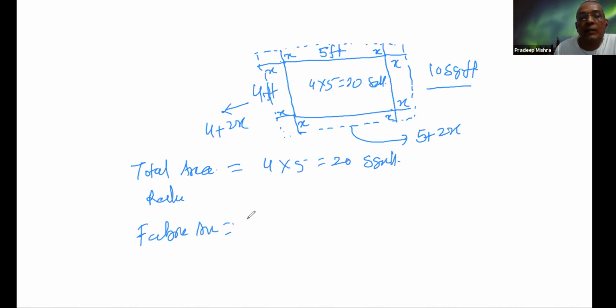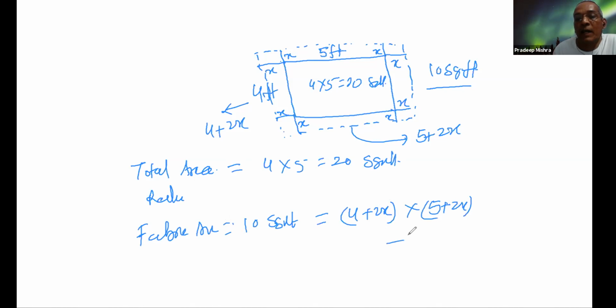The fabric area they have given is 10 square feet, and the actual area is 4 plus 2x into 5 plus 2x minus 4 into 5. If I subtract the area of this rectangle from the entire area including the fabric, I will get the area of the fabric.